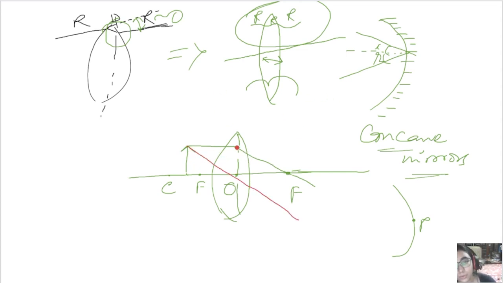What is happening here is that refraction is only happening once. The lens is made in such a way that, where refraction was happening twice, it seemed as if there was no refraction.